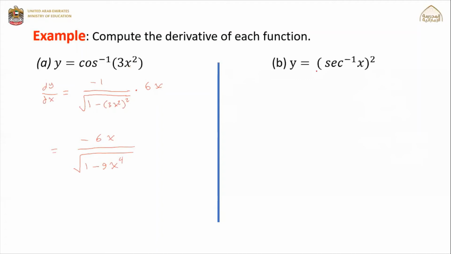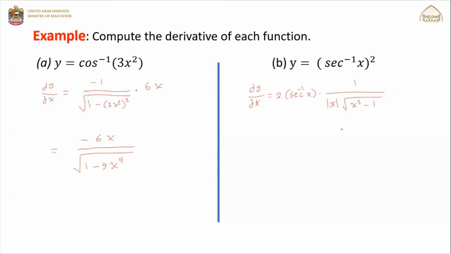What about derivative of secant inverse x to the power 2? Again, it's chain rule. So dy by dx equal 2 times secant inverse x to the power 1 times derivative of secant inverse x, which is 1 over absolute value of x radical x squared minus 1.